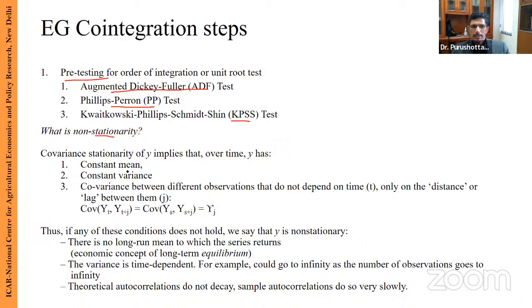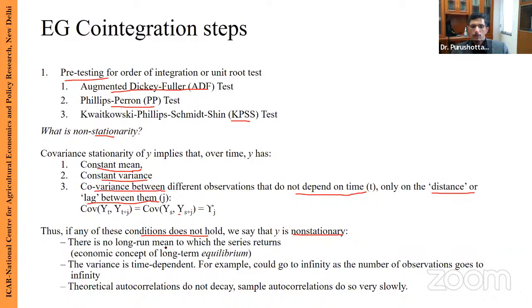So non-stationarity we have discussed. There is a constant mean, constant variance, and covariance between observations does not depend on time. They only depend on the distance or lag between them. Okay. So thus, if any of these conditions does not hold, we say that Y_t is non-stationary.